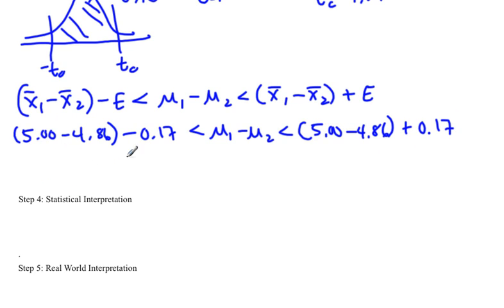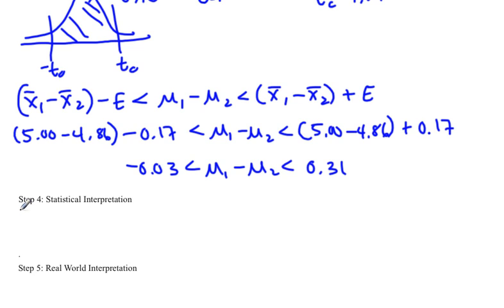So when I do this subtraction and then subtract off that e value, I get negative 0.03. And when I subtract these means and then add the e, I get 0.31. So we're done, that's our interval. Now we can get to our statistical interpretation.